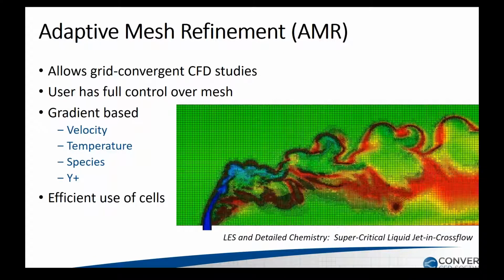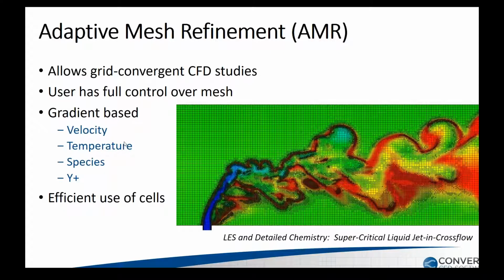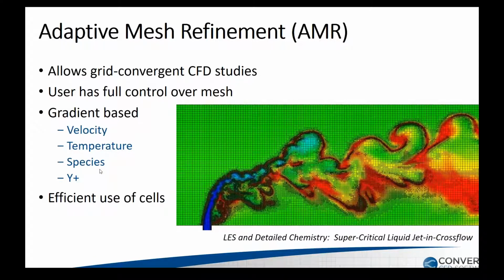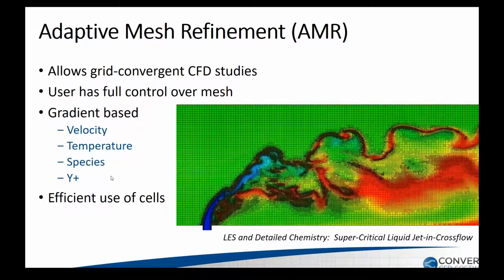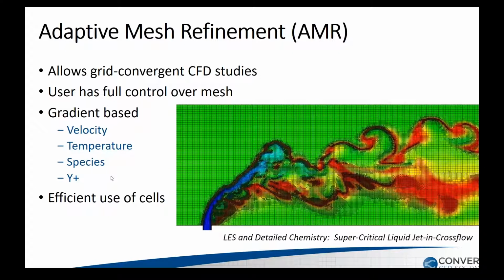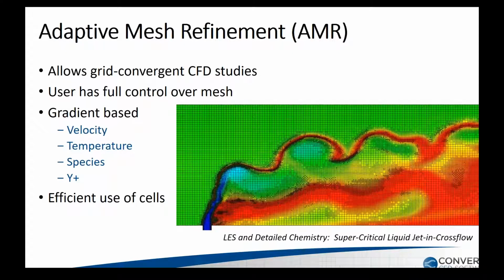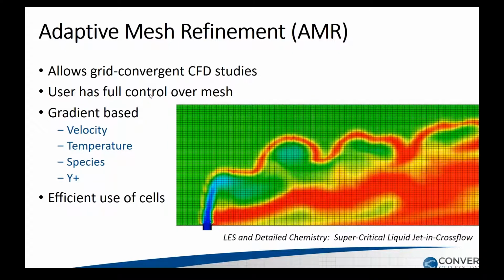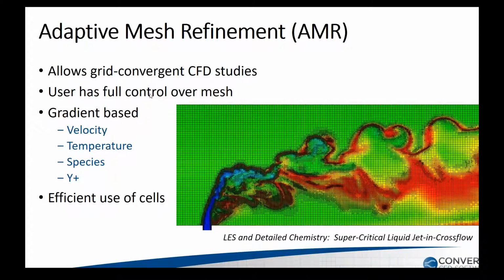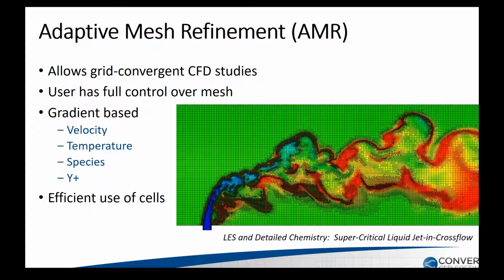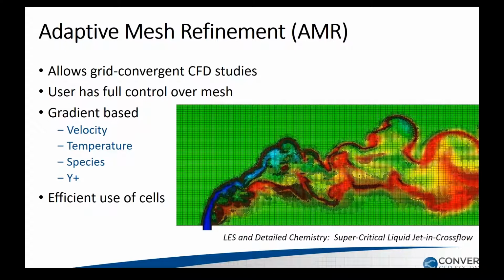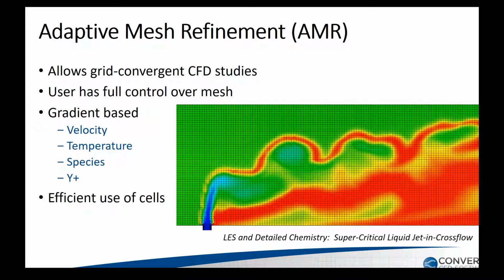So we look at things like velocity and temperature and species, perhaps even the Y+, and adaptive mesh refinement adds the cells where they need to be. It's important to know that you have full control over the mesh, and that we also find that quite often we get similar accuracy with a lot fewer cells than with other CFD codes. So please do give that a try.